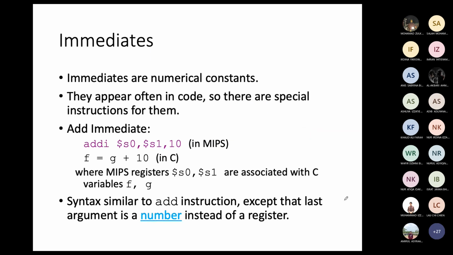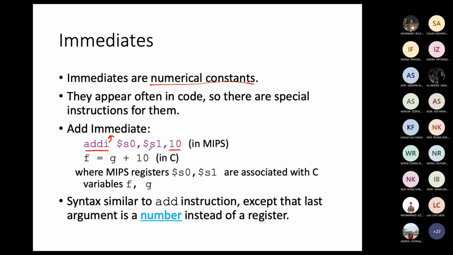Right, immediates. We have immediates to represent numerical constants. They appear often in code, so there are special instructions for them. For example, we have ADDI: add represents the add operation, and I represents immediate. It means the second source is a constant.